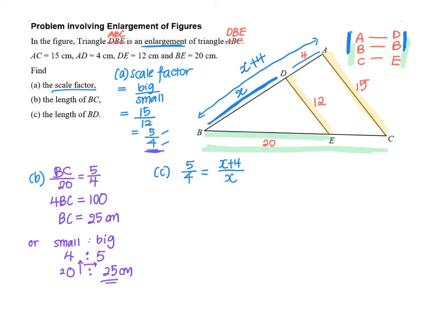Using cross multiplication, we get 5x equals 4 times x plus 4. So 5x equals 4x plus 16. Simplifying our answer, I will get x equals 16. Have you gotten the answer?